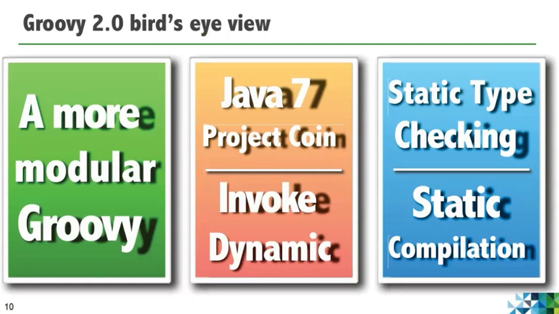Now let's have a look at the Java 7 theme. There are actually two sub-themes, the Java 7 Project Coin syntax enhancements, which are syntax enhancements that have been added to Java 7.